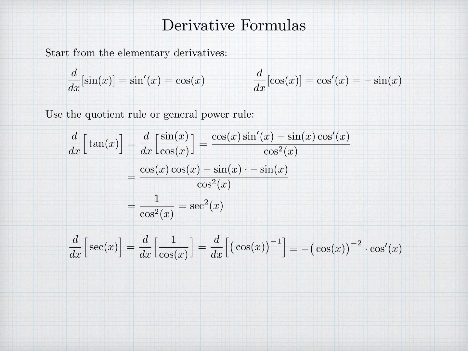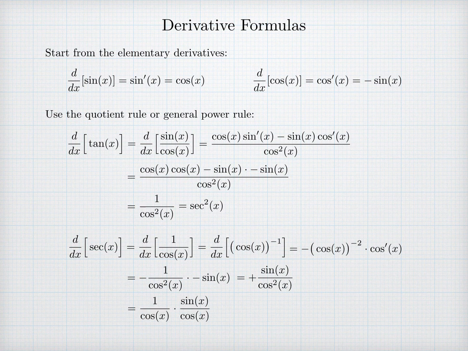And the cosine's derivative is negative sine. And so the negatives cancel, and I get positive sine of x over the cosine squared of x. And if I want to think about that in terms of my other trigonometric functions, let's group the denominator into two parts. I get 1 over cosine times sine over cosine, which means the secant's derivative is the secant times the tangent.